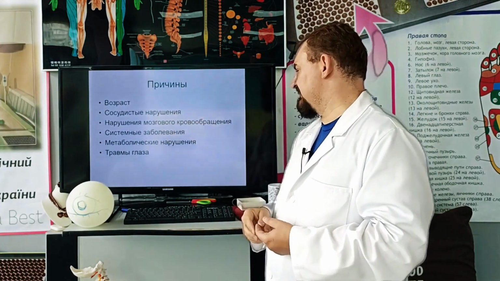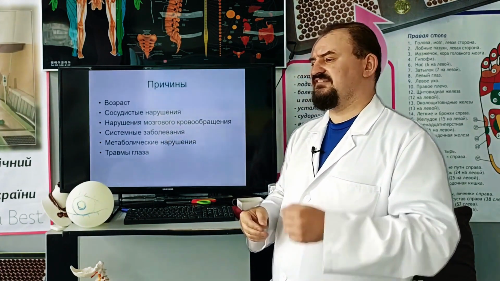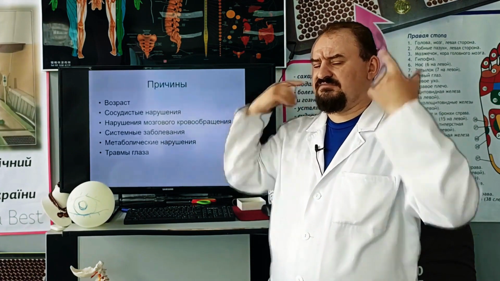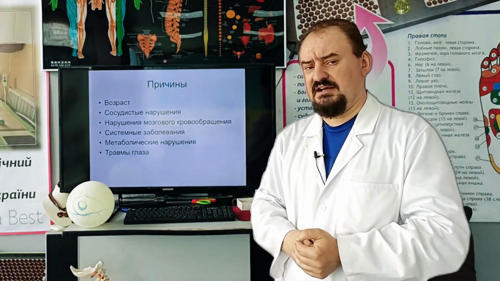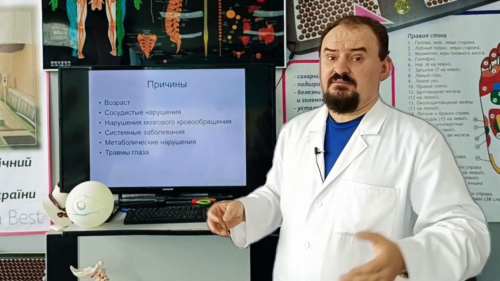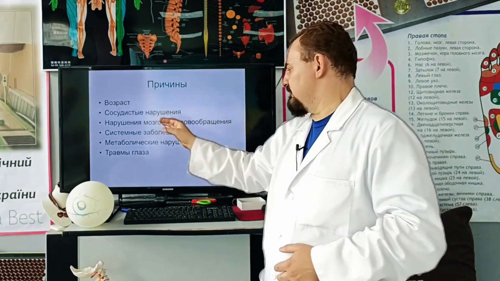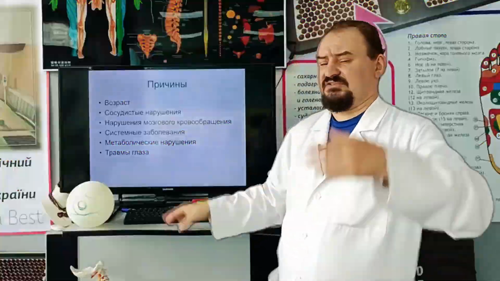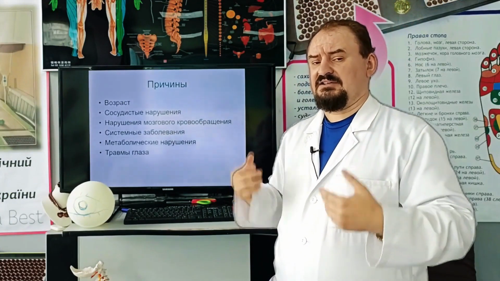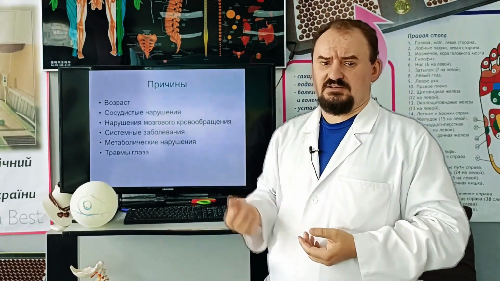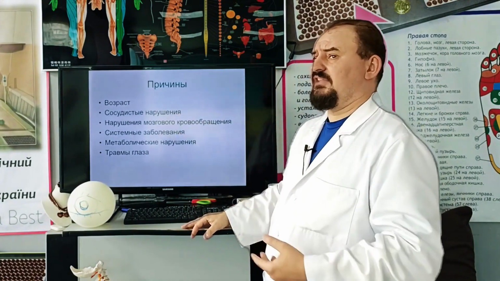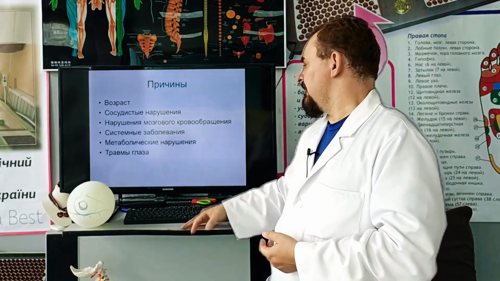This includes cerebrovascular disorders, such as blood clots and thrombosis, as well as impaired blood flow through the vertebral arteries and issues caused by a crooked neck. This is that hump that grows here in the cervical spine. In other words, impaired cerebral circulation, both throughout the body in general and in the head in particular, and even more specifically in the eyes, is also one of the factors that leads to the development of cataracts.